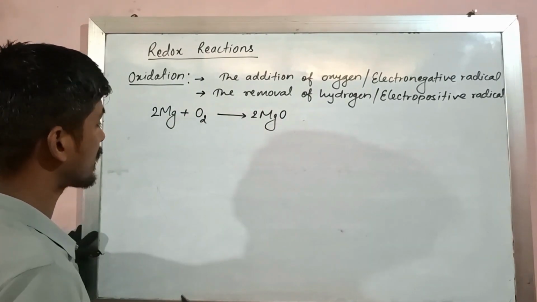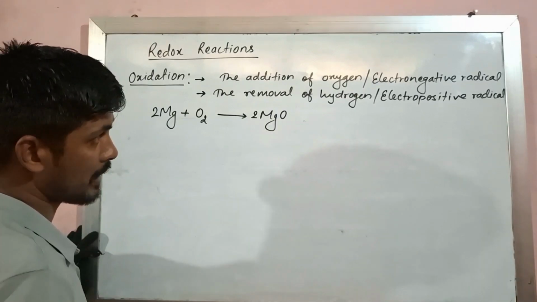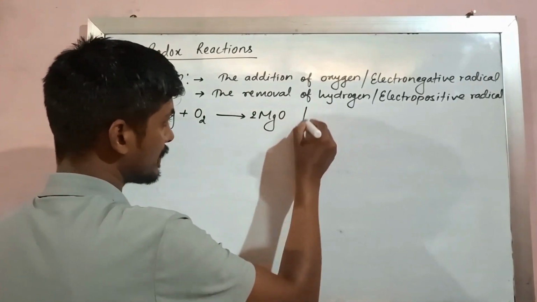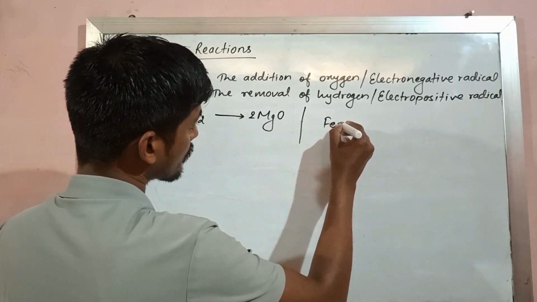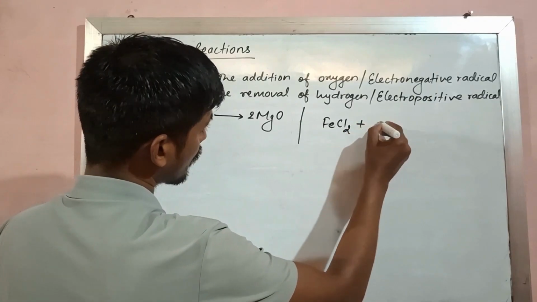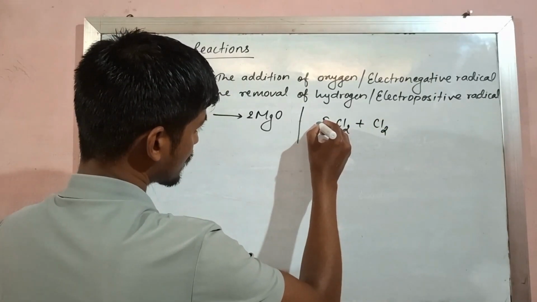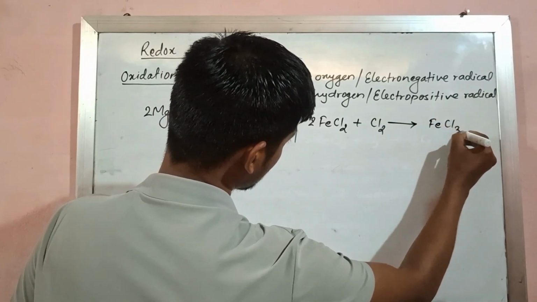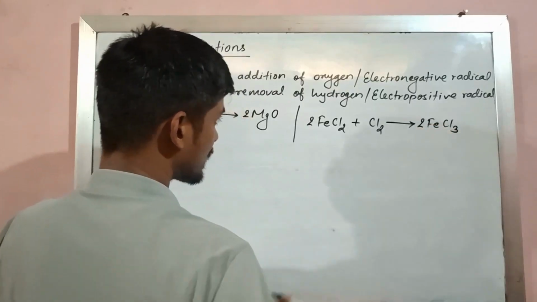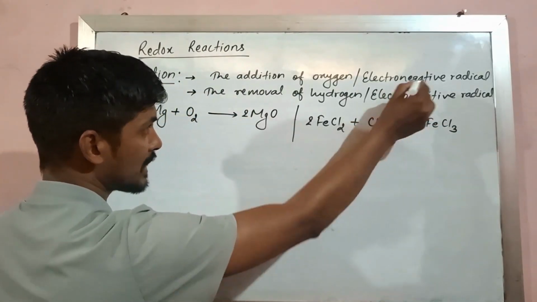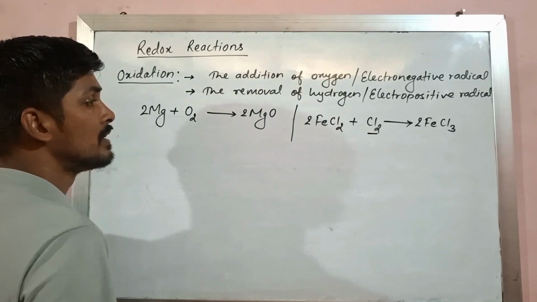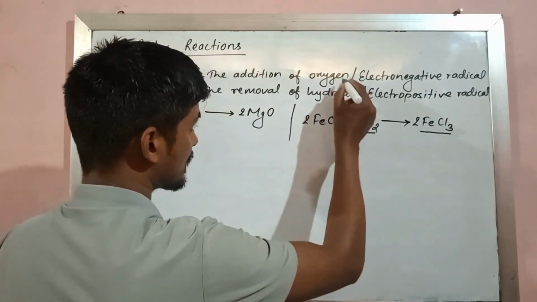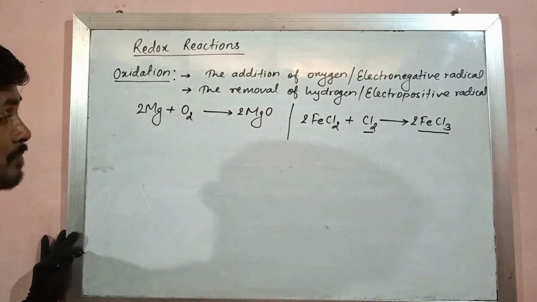Now, if we take another example, addition of some other electronegative radical, like if we add chlorine to ferrous chloride, then it forms ferric chloride, FeCl3. This is the addition of electronegative radical, so it is also known as oxidation.